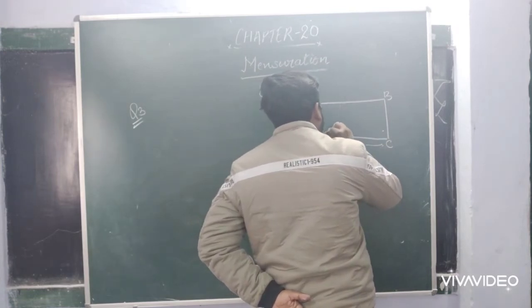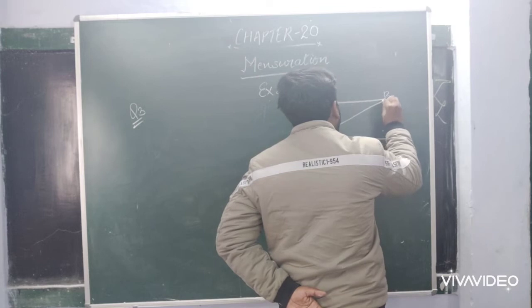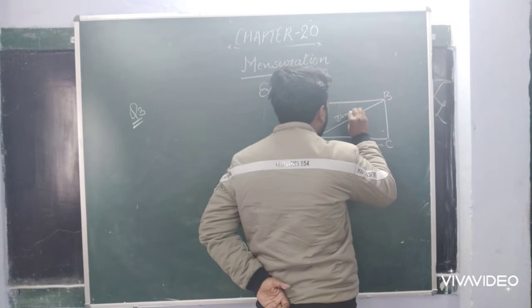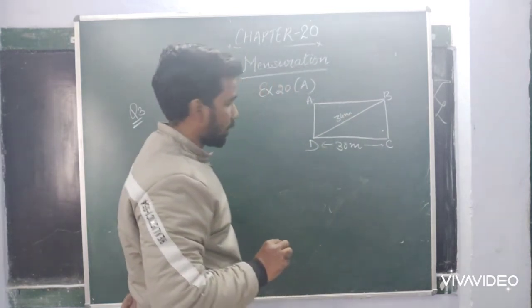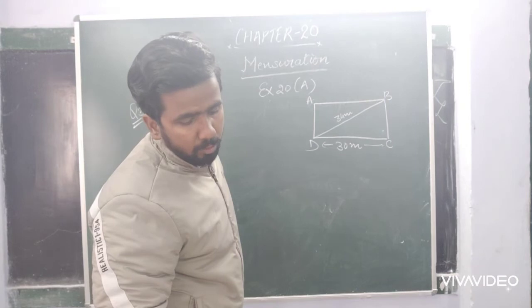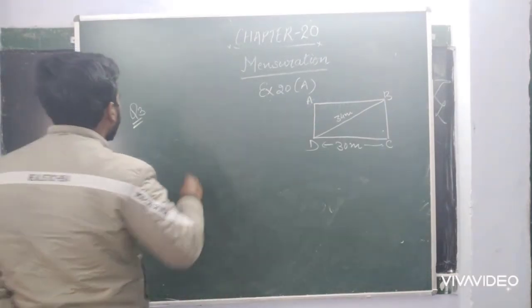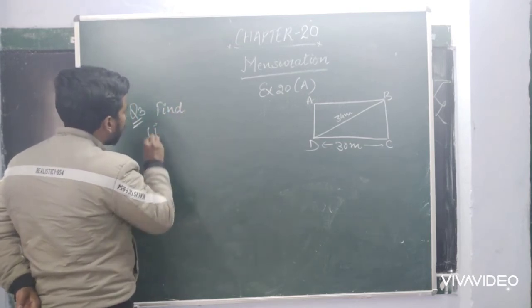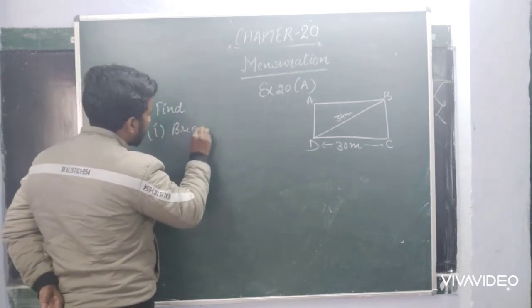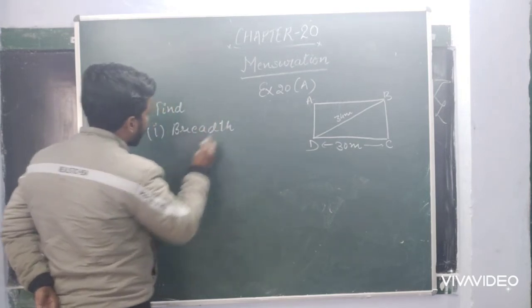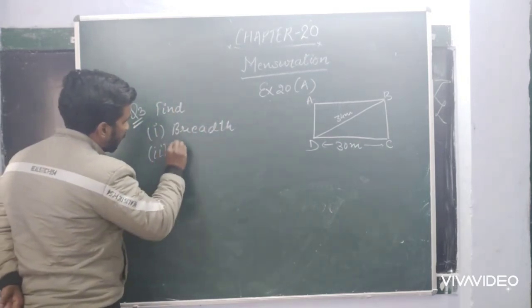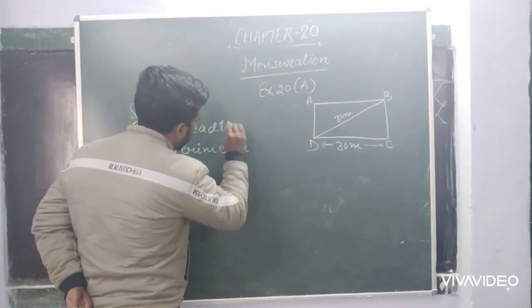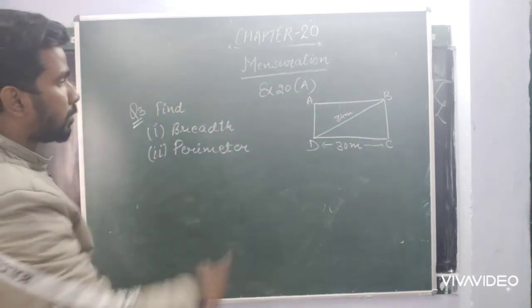We just divide this rectangular field into 2 halves, that is called the diagonal, and it is 34 meters. Now find the breadth of the field and its perimeter. We have to find first the breadth and second the perimeter.